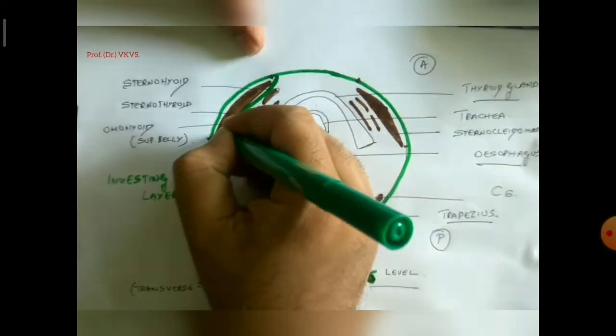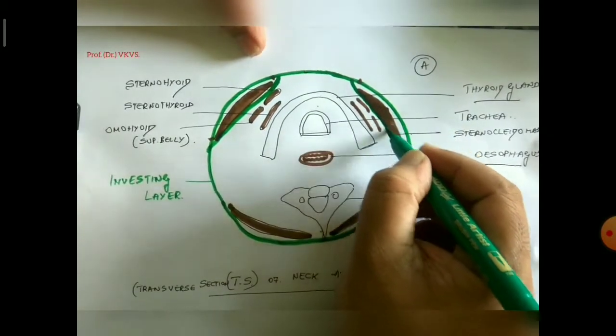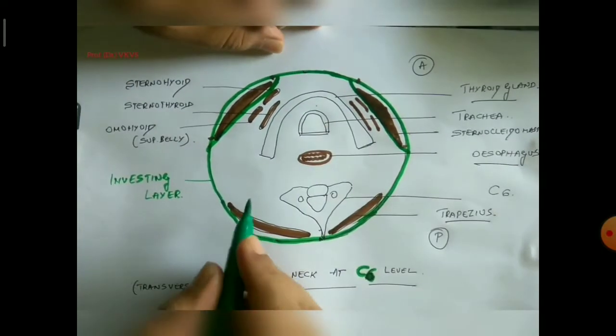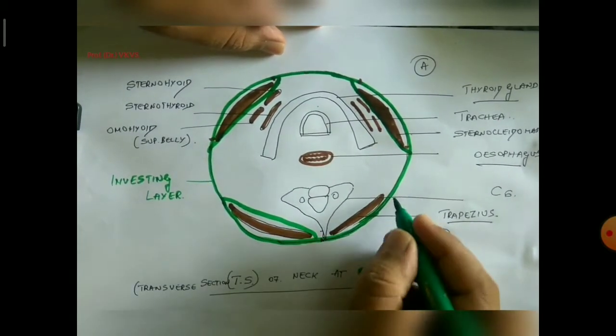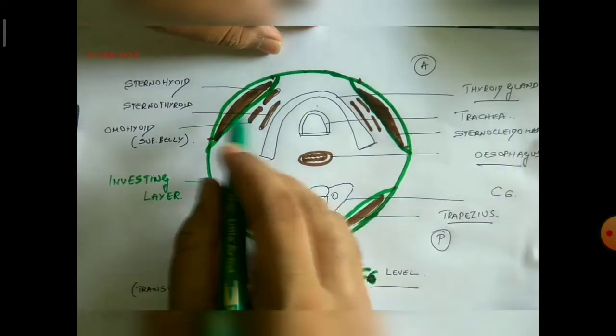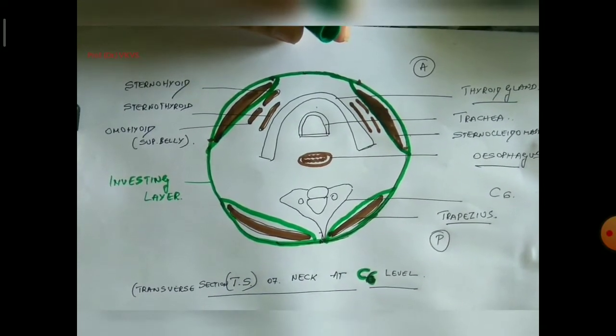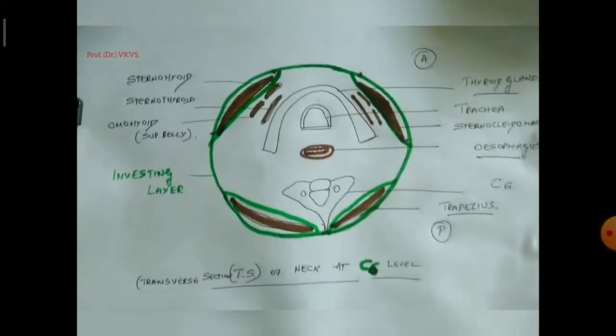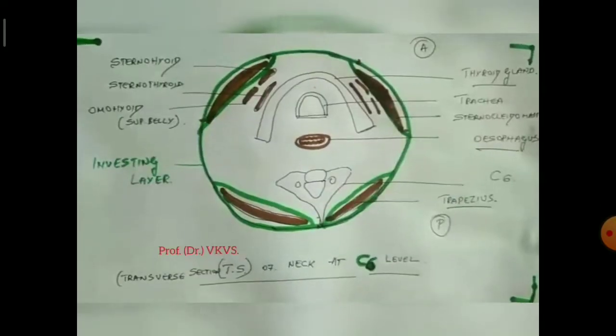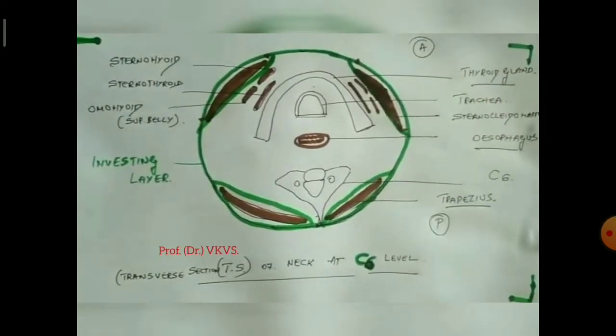It encloses sternocleidomastoid and also it encloses trapezius. Two muscles it encloses, sternocleidomastoid and trapezius. So this is all about the investing layer.